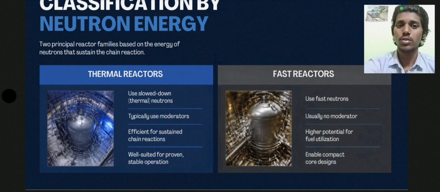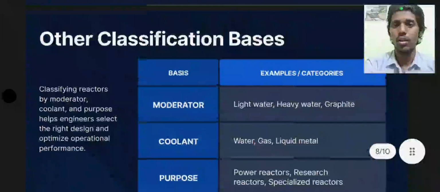They are efficient for sustained chain reaction and suited for proven, stable operation. Fast reactors use fast neutrons, usually with no moderator. They have high potential for fuel utilization and enable compact core design.